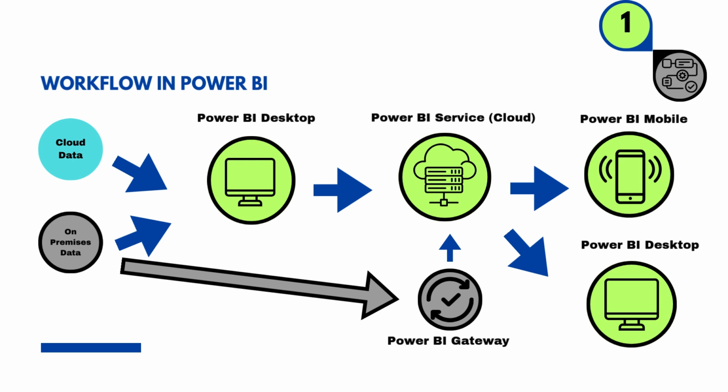In the service, we can set up scheduled refreshes for cloud data and use a gateway connection to keep on-premises data updated. Finally, shared reports can be accessed by colleagues through Power BI service, Power BI desktop, or mobile devices, ensuring insights are available anytime, anywhere.